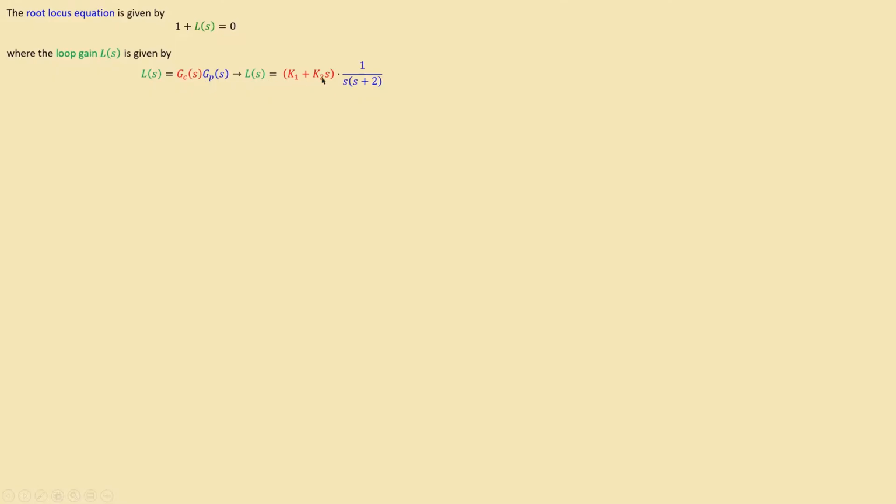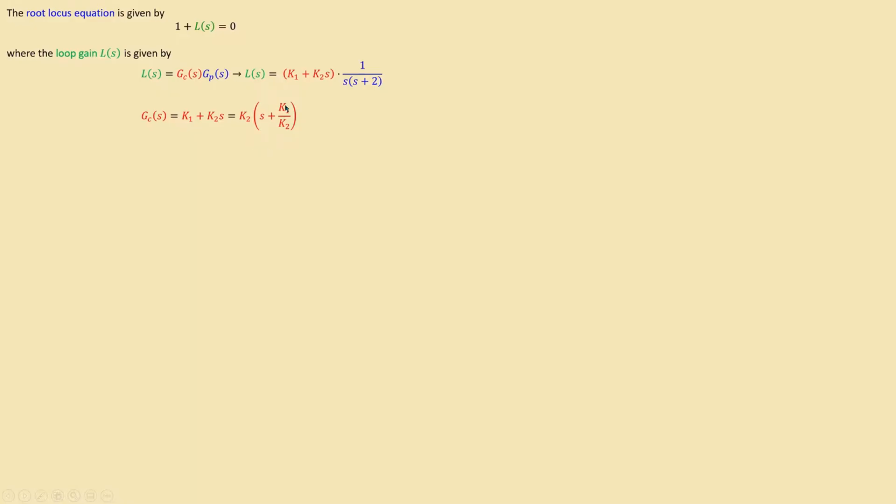Now, if I just write it out, you will have this expression, which is just the PD controller and the plant. If I rewrite the controller in a different form, which will be helpful later on, shown here, you can see directly what your zero is. The zero is, of course, where this expression is 0.